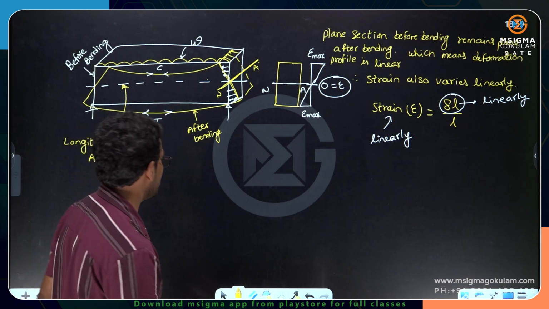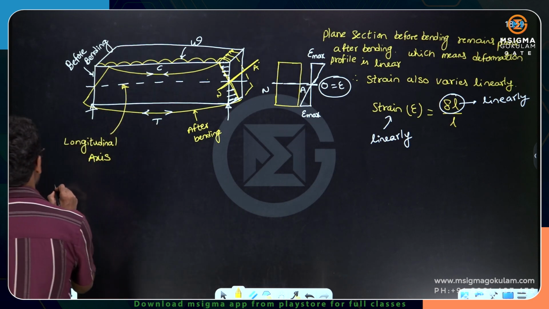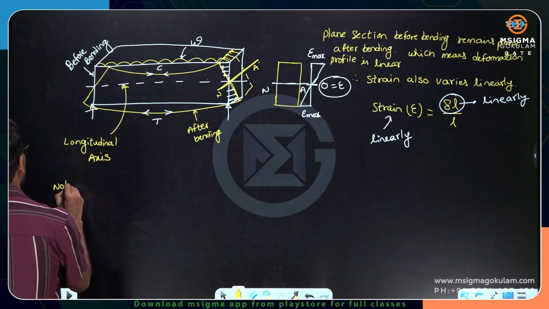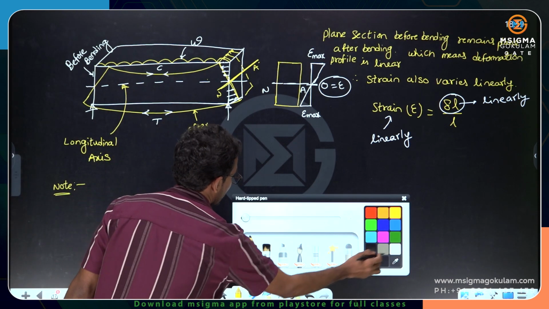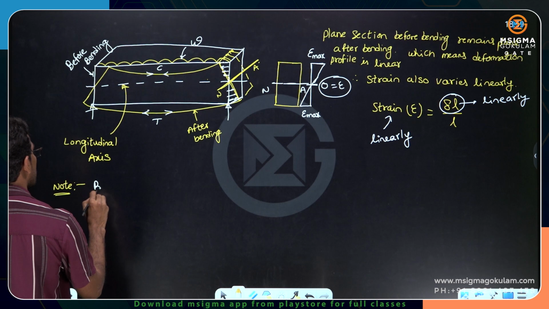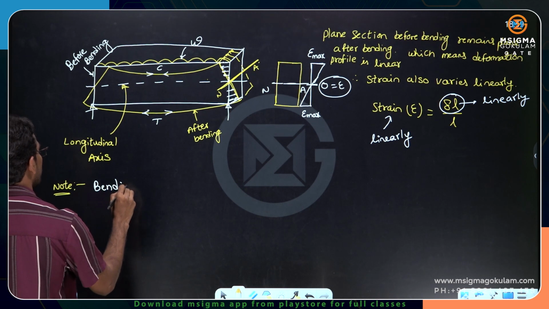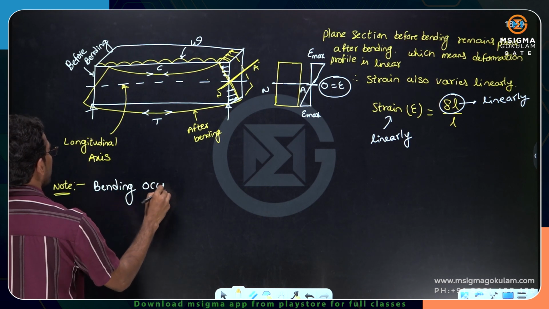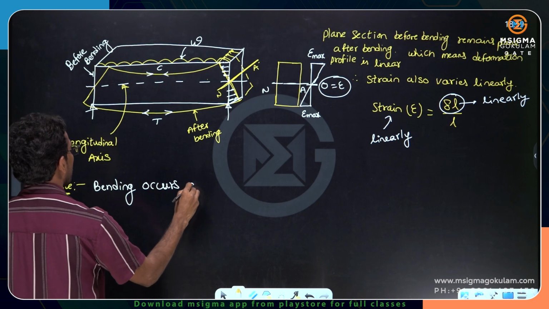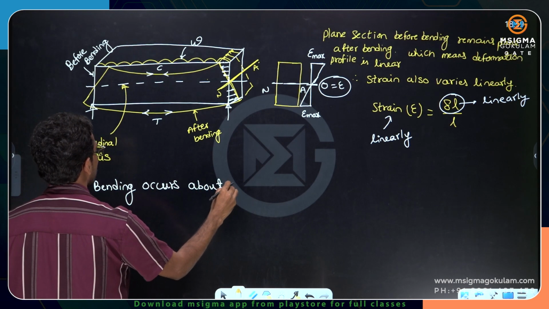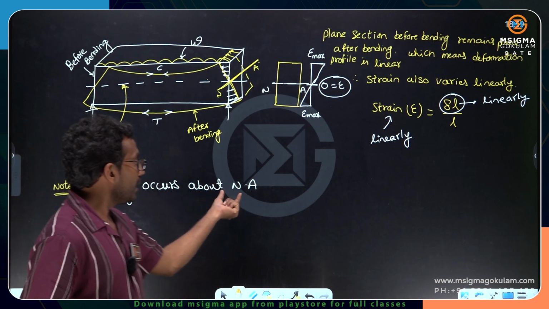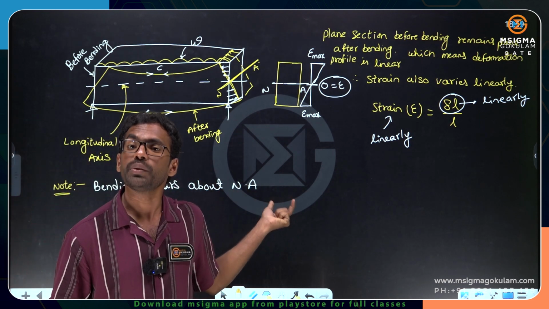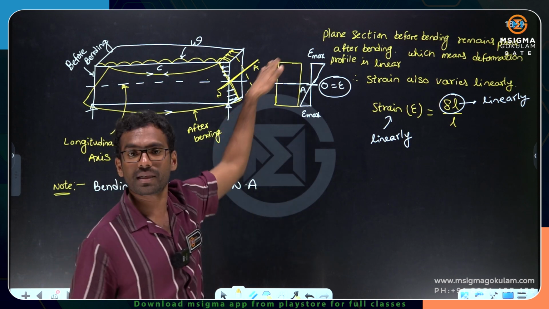Make a note, very important: bending occurs about neutral axis. So whenever I talk about bending, my axis of concern is the neutral axis, which is the horizontal axis.